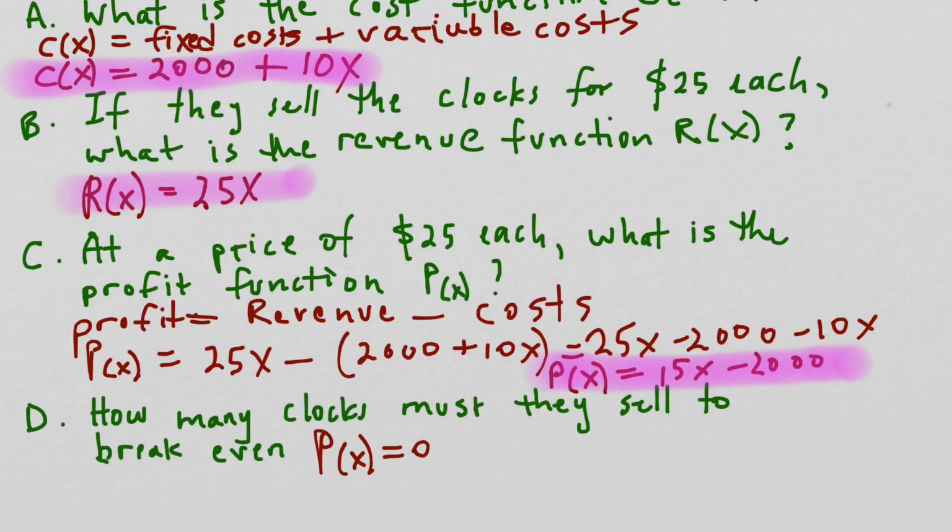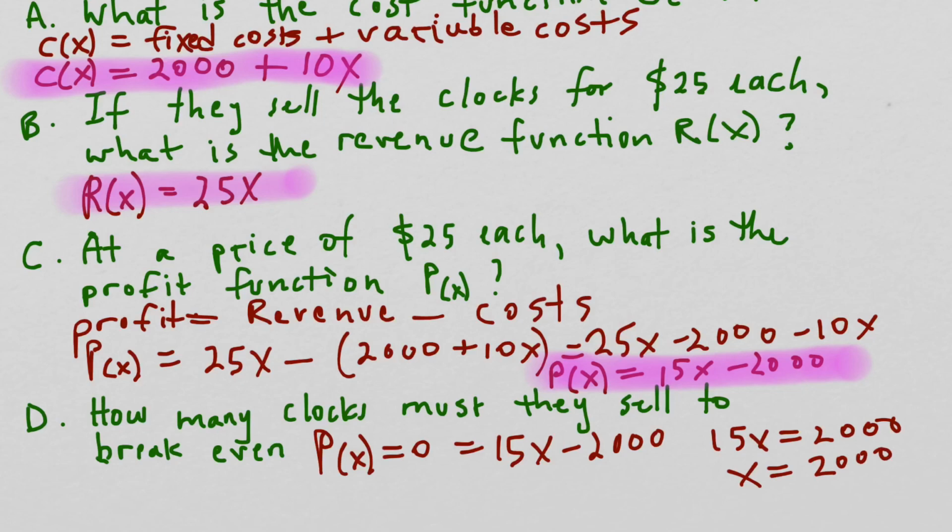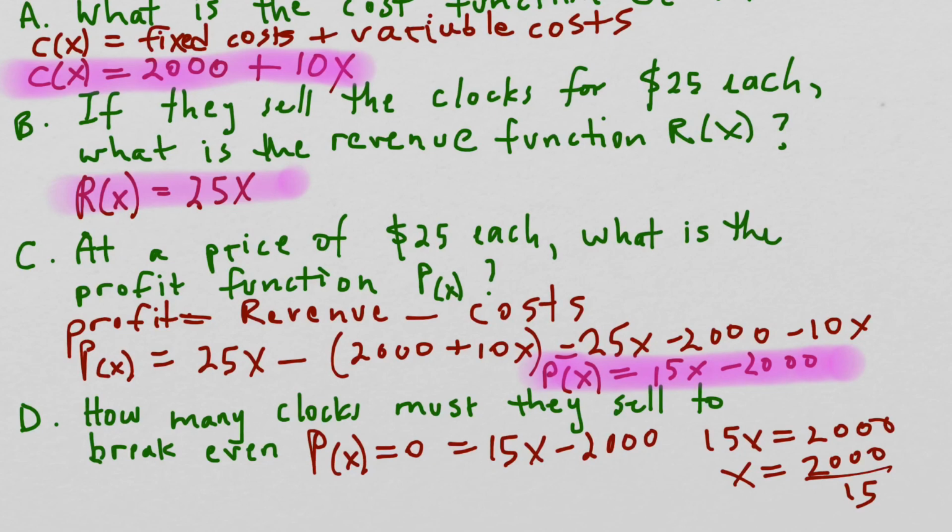So in part C, this is 15x minus 2,000. So we're going to say 15x is equal to 2,000, or x is equal to 2,000 divided by 15. So if you run that through, you're going to get x is equal to 133 1/3.